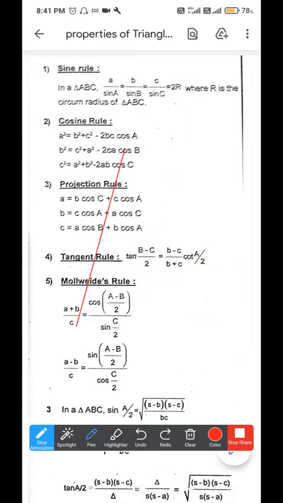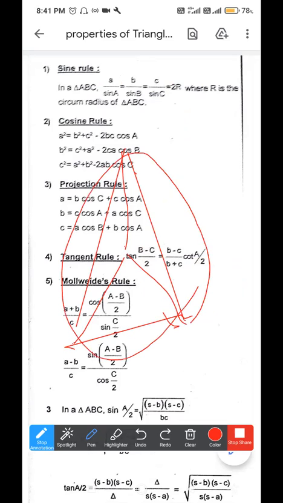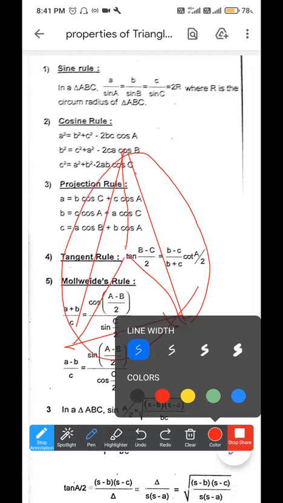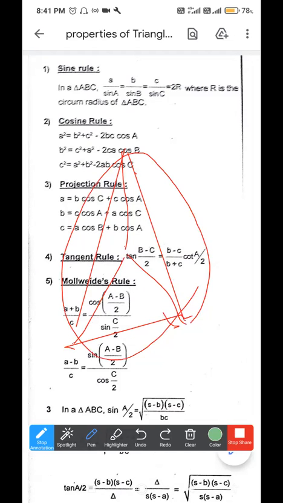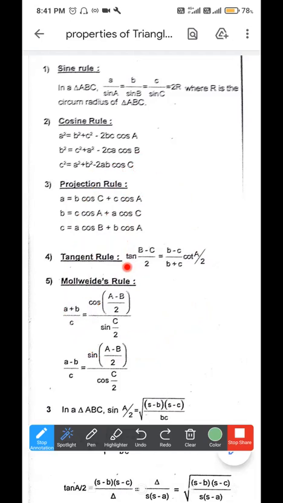In a triangle, there is a circumradius. Circumradius means a point which is equidistant from all the vertices. If I draw a circle like this, this radius is your capital R. Got it?